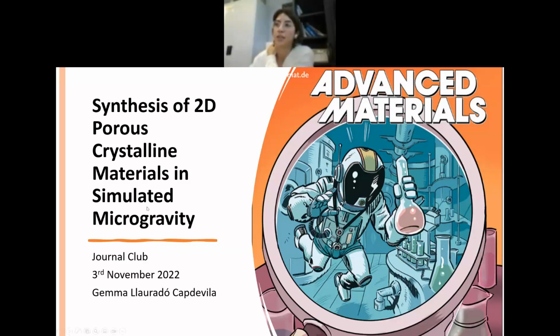So I think that in general it's so diverse that it depends on the material itself. While doing it in microgravity, maybe you can observe differences in the properties.